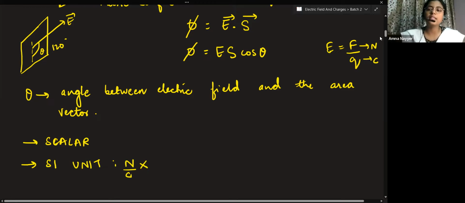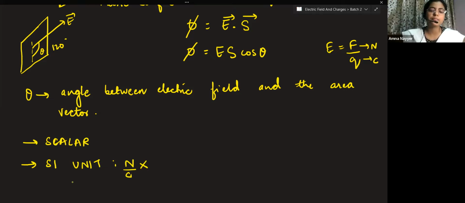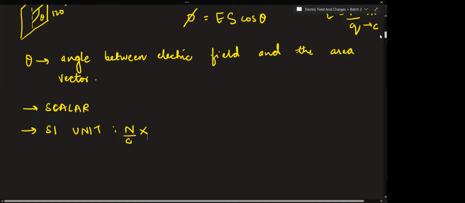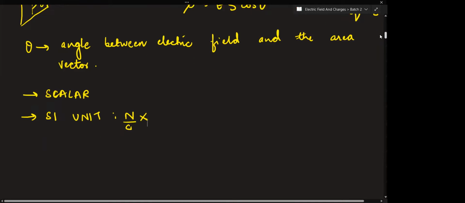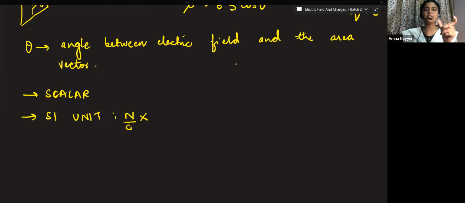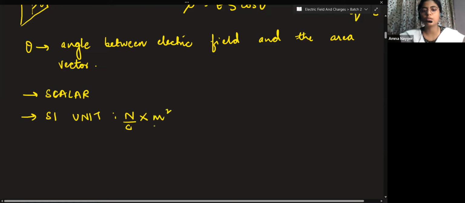Multiplied with what? What is the SI unit of surface area? Meter square. For distance, it is meter. And in case of surface area, you multiply length with length, so you get meter square. So your SI unit becomes Newton per coulomb meter square.